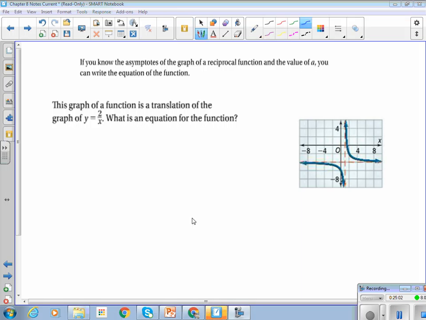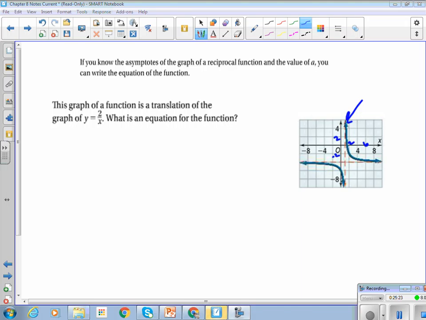So we know that our horizontal asymptote, so we're counting here by 2's. So 2, 4, 6, 8. And it's the same on the other axis. Okay, I write that down.